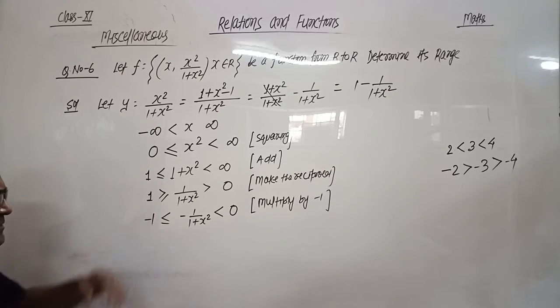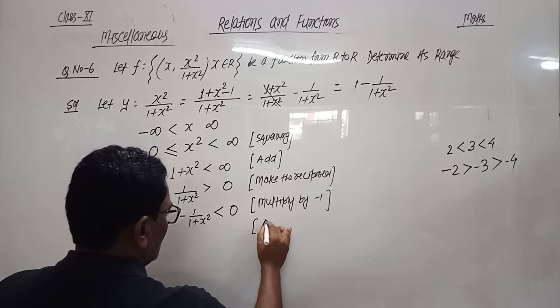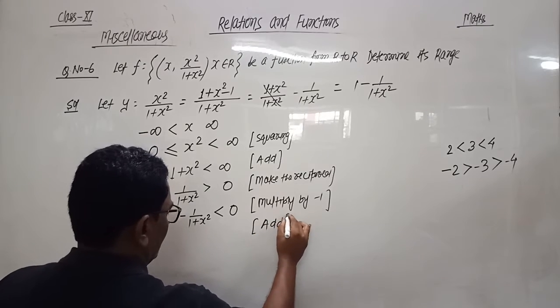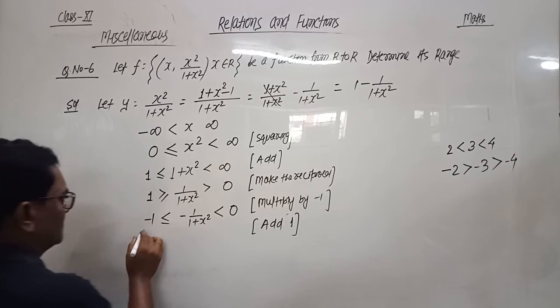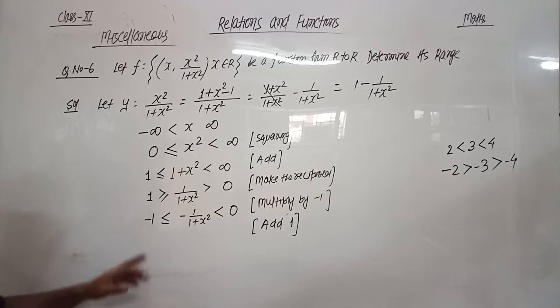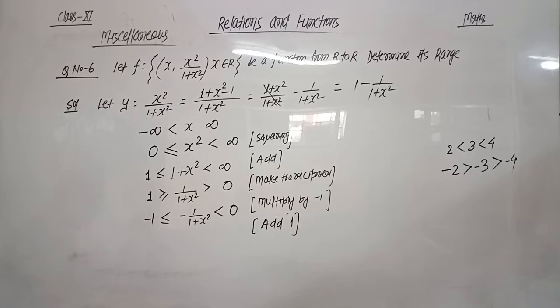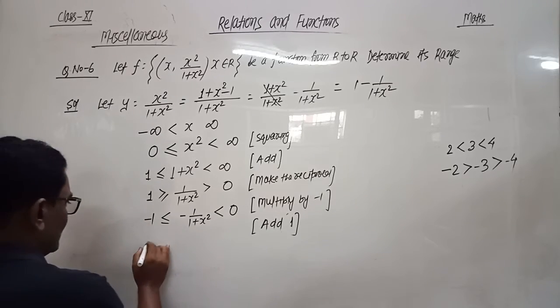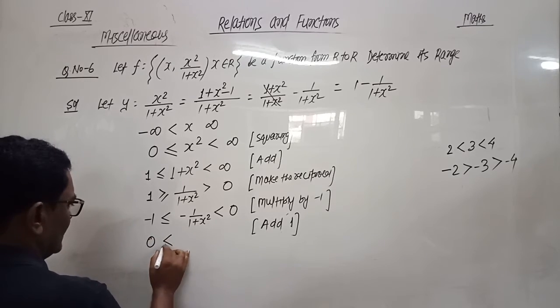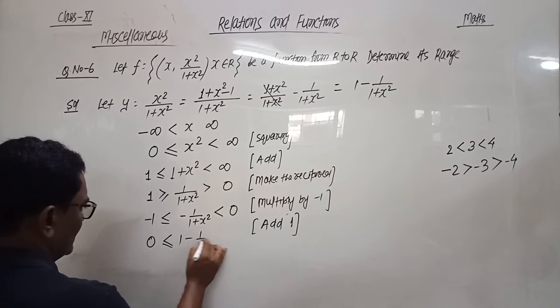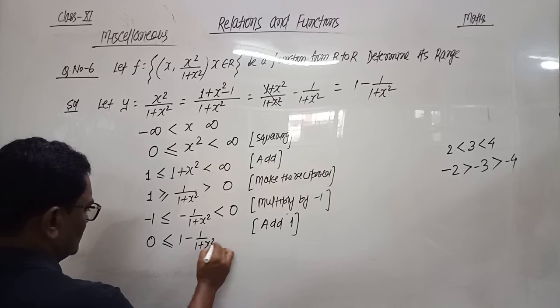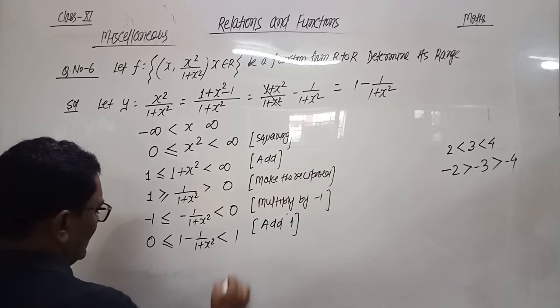Now add 1 in each of the terms. So 1 minus 1 becomes 0, and 0 is less than or equal to 1 minus 1 upon 1 plus x squared, which is less than 1.